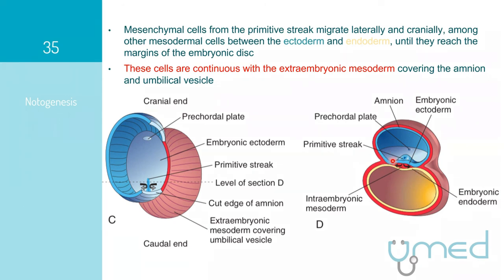Notice with this diagram as well, we have two bilateral embryonic discs, one at the cranial end and one at the caudal end, and it left behind the intraembryonic mesoderm in the middle. So as the cells go down into this trench that Ryan described, they migrate laterally and cranially this way too, and then they develop that connection and become continuous with the extraembryonic mesoderm, which surrounds and covers the amnion as well as the umbilical vesicle.